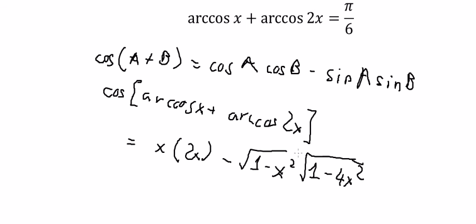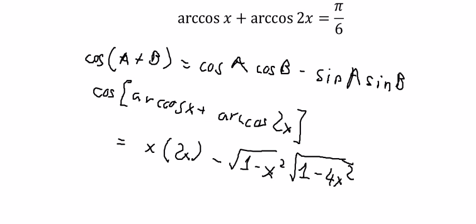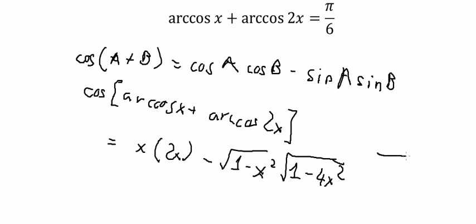How can I get this one? So I will use a triangle. So we have a cosine x, that means s in here, number 1 in here. So we can find this length in here. We use Pythagorean.